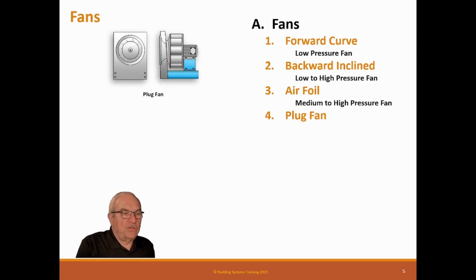we have this thing called system effect. And system effect is caused when you take a fan and you suck air into the wheel, and then you push it out of the wheel, and the air is turning. It's turning this way, and if it goes out and goes this way, it's no problem.